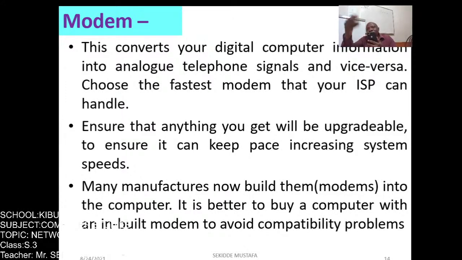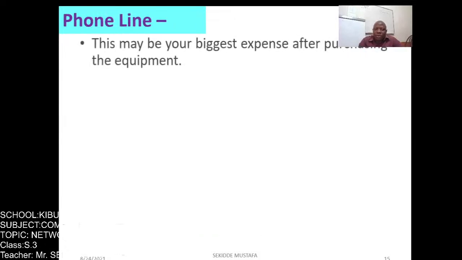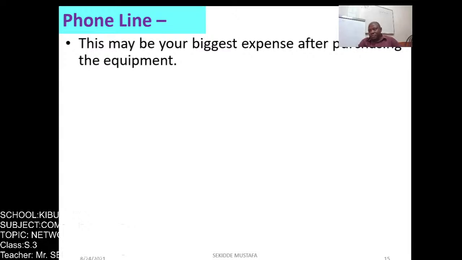When you send it, it changes from your phone and is sent in analog. When it reaches the phone of the person you are sending to, the modem in that phone changes it back to digital form. That is what I'm talking about: whatever is manufactured today has inbuilt modems.